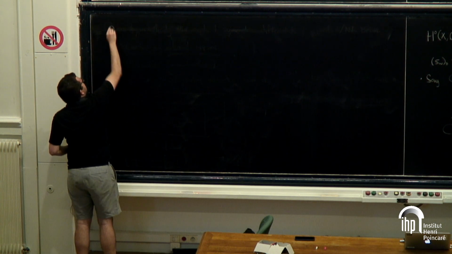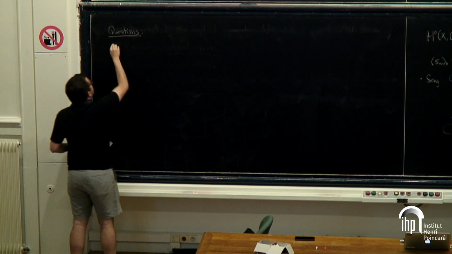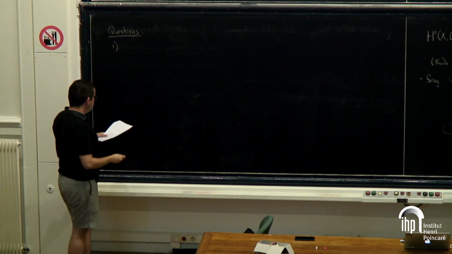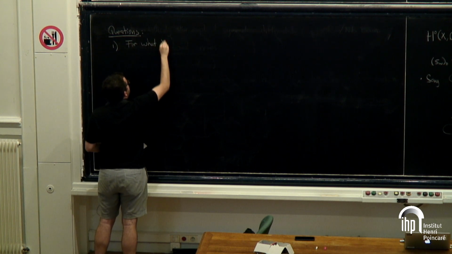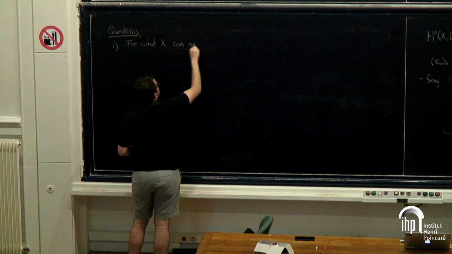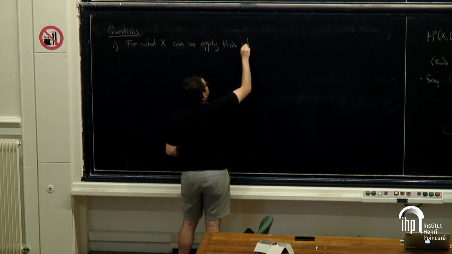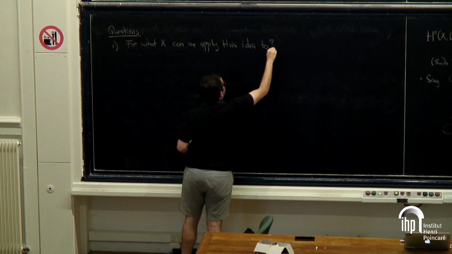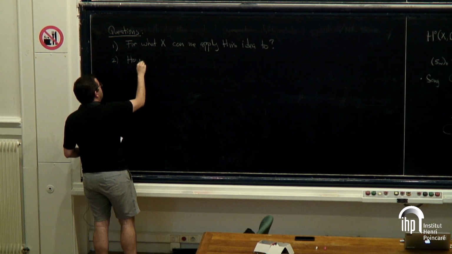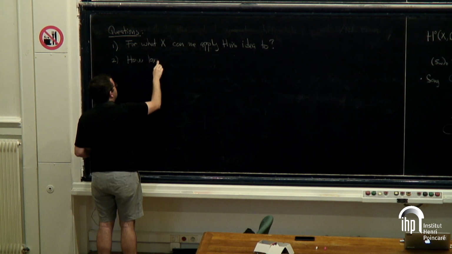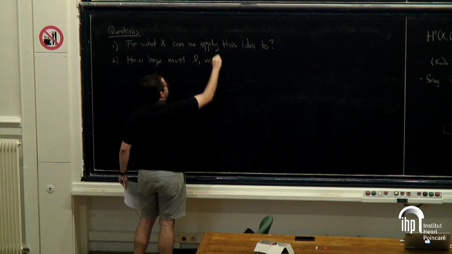So the kind of questions that we want to answer: number 1, for what X can we apply this? Number 2 is how large must this L and M be?